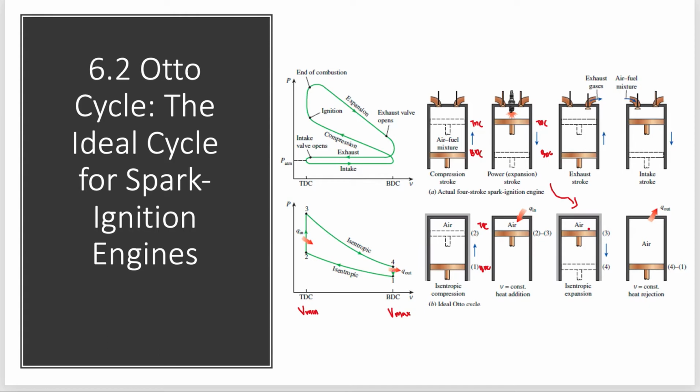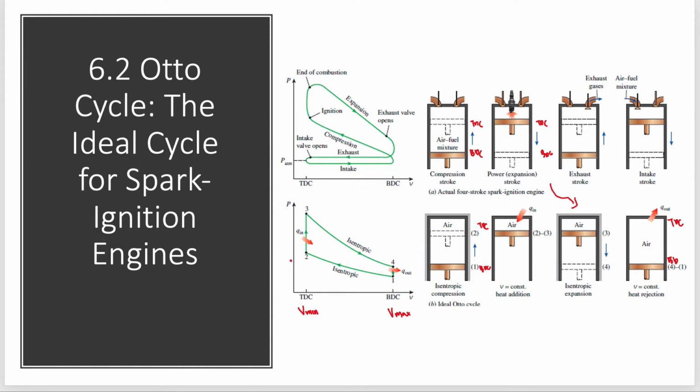Here the combustion product is in this cylinder. Then we reject the expelled product through constant volume heat rejection, where the piston moves from BDC to TDC. So please concentrate here, because this diagram is quite confusing, then we just follow here.